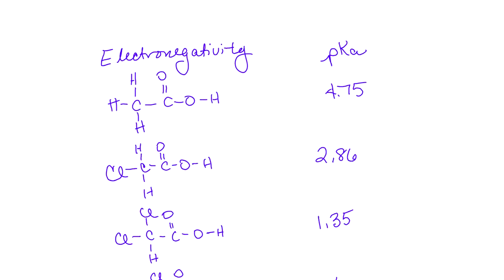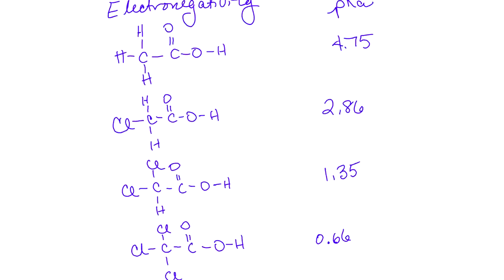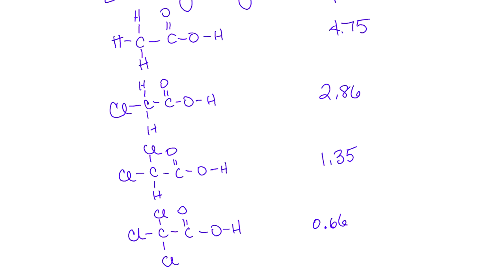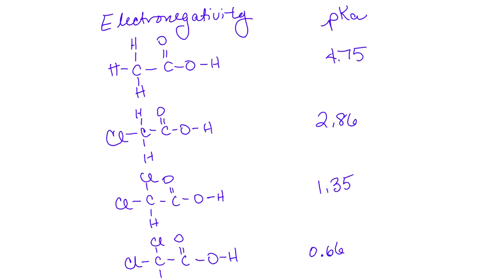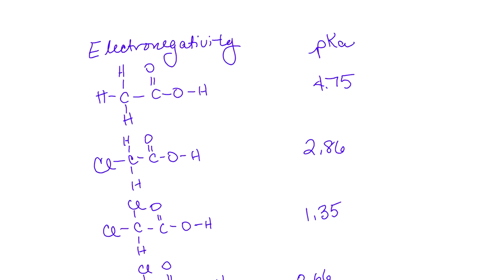Now, when we compare that to chloroacetic acid, chlorine has an electronegativity of 3 compared to hydrogen, which has an electronegativity of 2.1. With the electronegativity of 3, we can see it already has an impact on the acidity, where I went from 4.75 to 2.86.